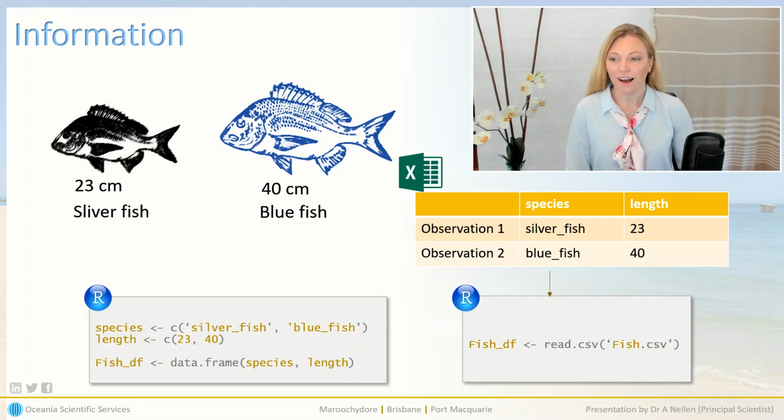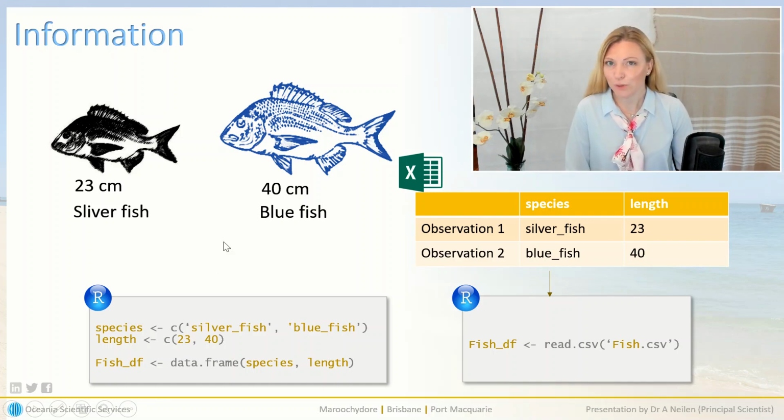So in R, how we'll enter it is as 2 vectors, one called species, and it has silver fish, blue fish, the names, and the other vector as length with 2 numbers, 23, 40, to represent the centimeters. We will then use the data.frame command to join these 2 vectors together into a data frame called fish.